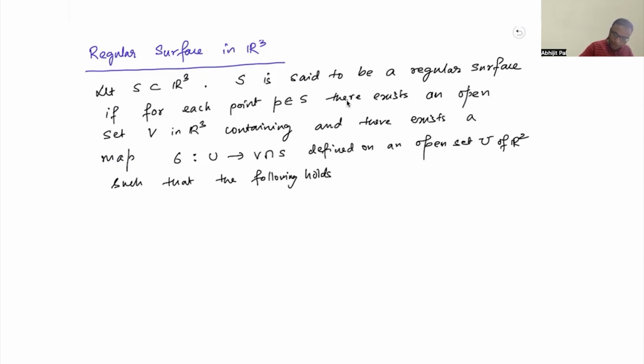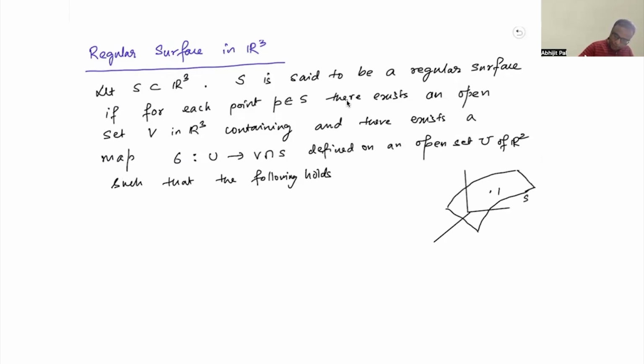Okay, so maybe I can draw a picture. So this is my R3, and I have some subset, something like this. And I have taken a point.